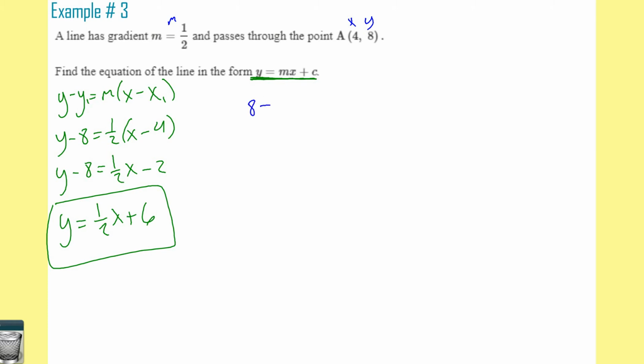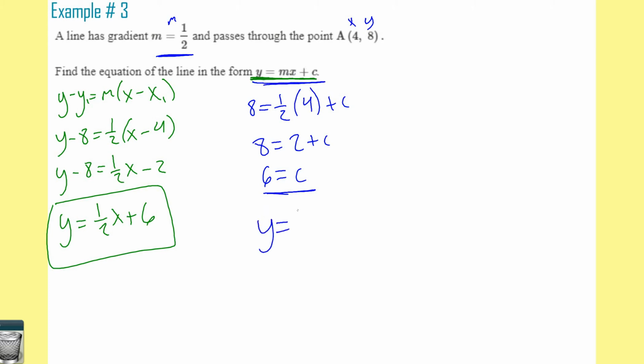You have 8 equals 1/2 times 4 plus c. So 8 equals 2 plus c, so 6 equals c. Now we use this and our slope, and we write it in our form: y equals 1/2 x plus 6.